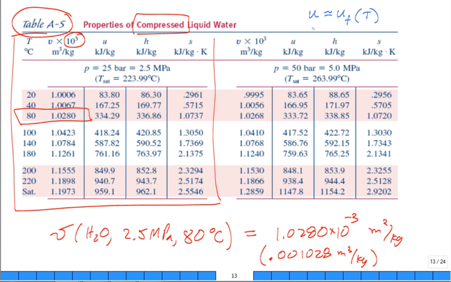The same with V, the same with H, and the same with S. So all the properties. You would just say, look, it's not a tremendously high pressure, go get the value. Approximately, it's the saturated liquid's value at that temperature, neglecting the effect of pressure.